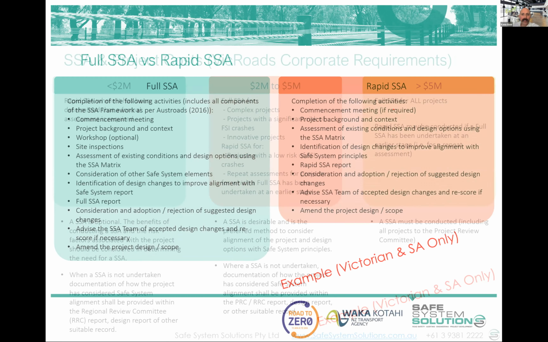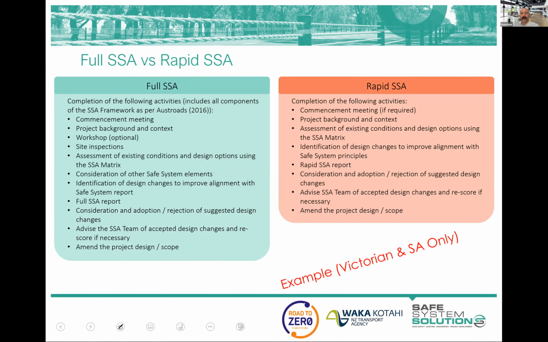And what's the difference between that full and that rapid? Well, as I mentioned, there's not a huge amount of difference. Let me just go through what a full safe system assessment involves, and I'll mark a few that don't necessarily need to happen in a rapid. So the commencement meeting is probably one where you don't necessarily have to have a meeting if it's all clear cut and everybody knows what's going on.